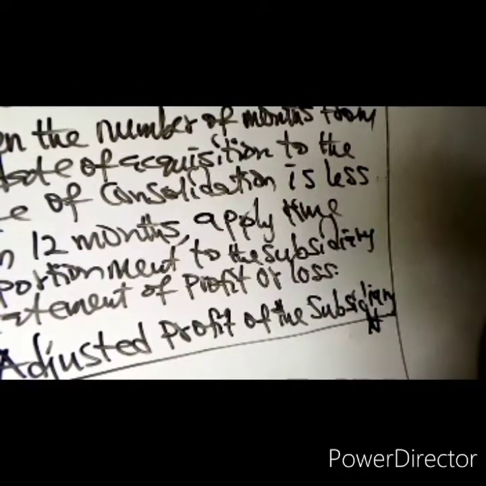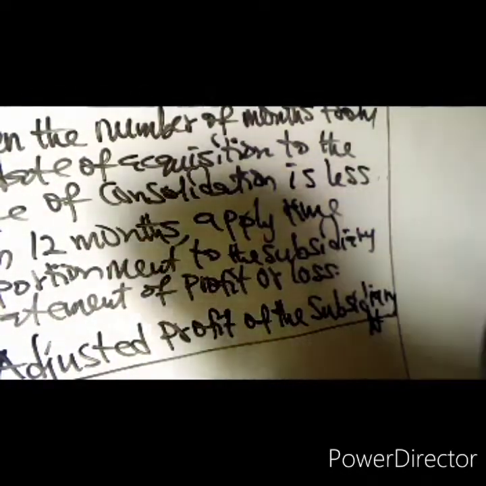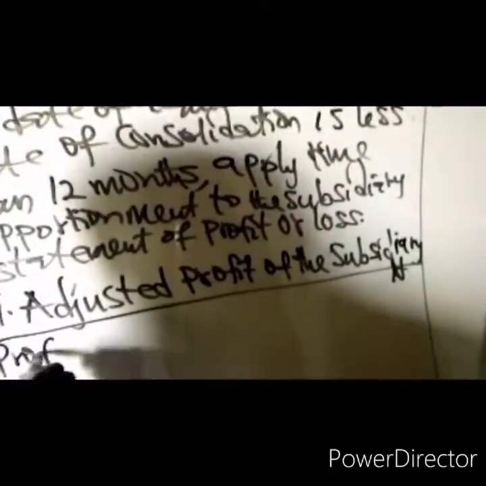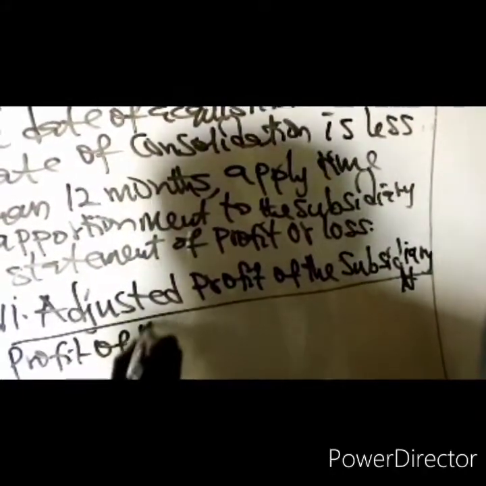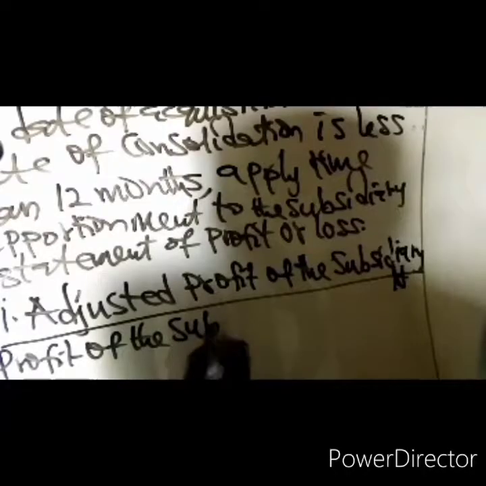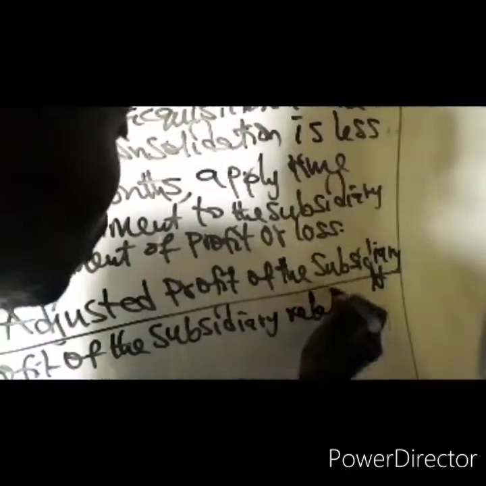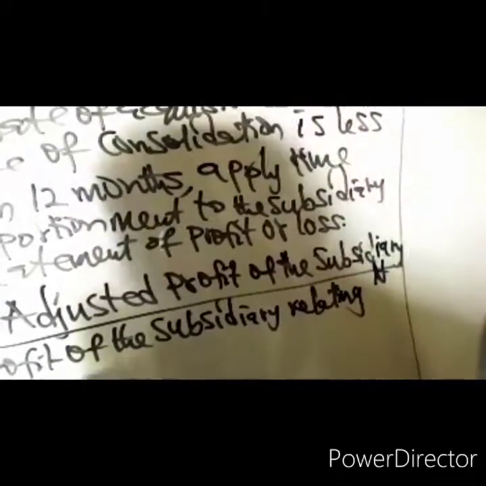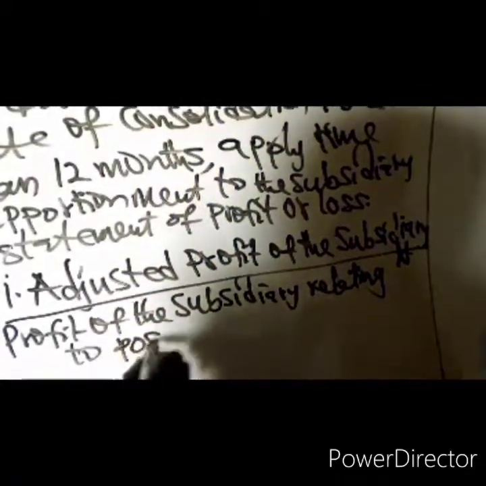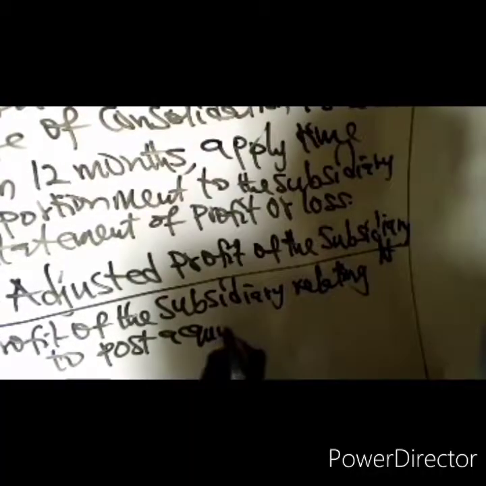Then, to calculate the adjusted profit of the subsidiary, you have profit of the subsidiary relating to post-acquisition period.